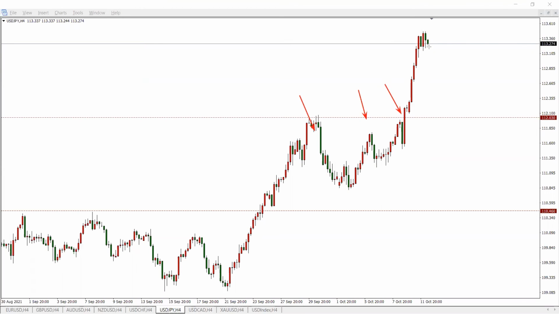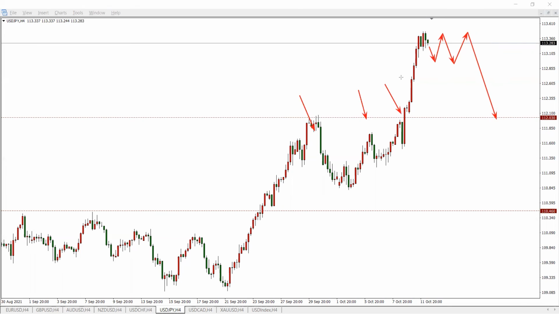So maybe we could have a nice clean pullback to this area, or maybe it could even range a bit before making a decision to come back to this area, 112, of support, or maybe even push higher.